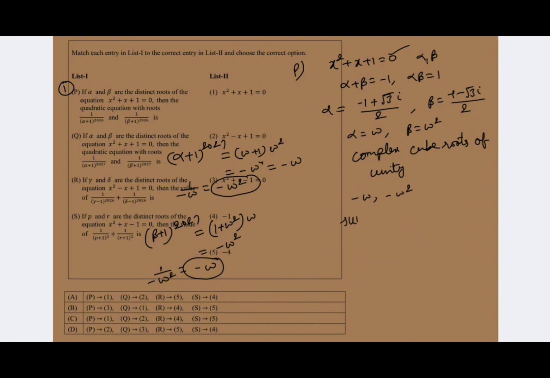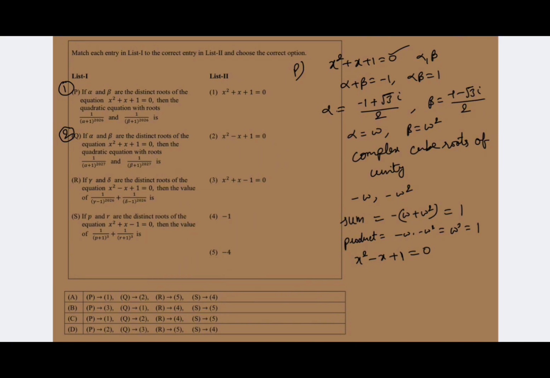So we can see that sum of roots will be minus omega plus omega square, which is nothing but 1, and product will be minus omega times minus omega square, which is omega cube, which is 1. Therefore, our equation will be x square minus x plus 1 equals 0. And hence we can see that Q matches with item number 2 of list 2.